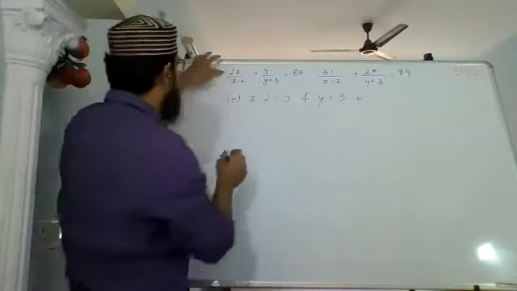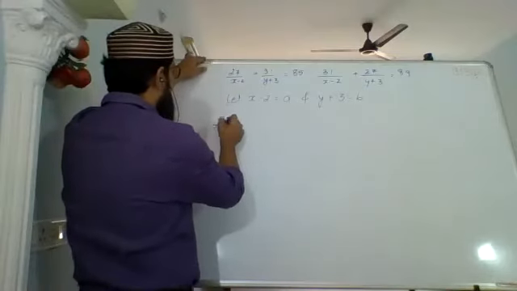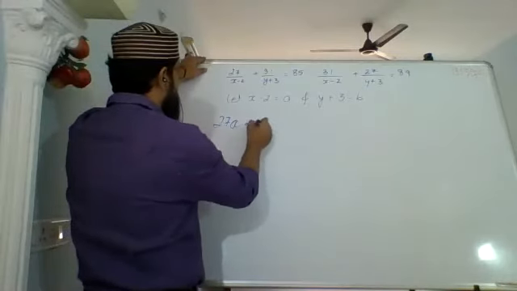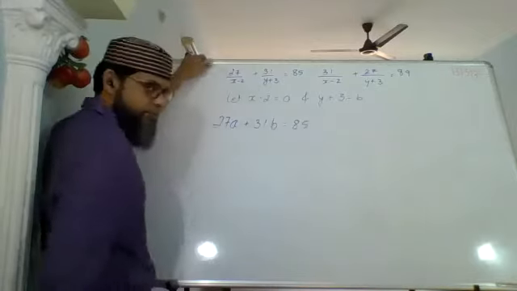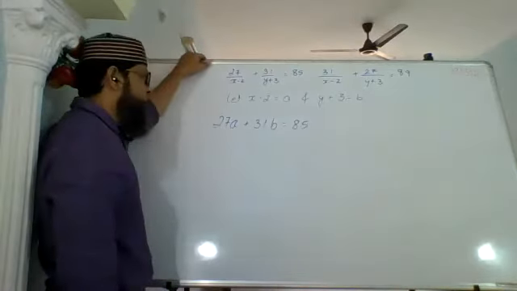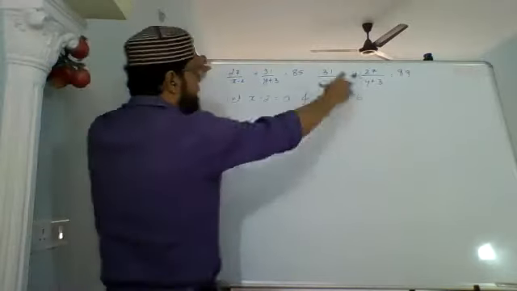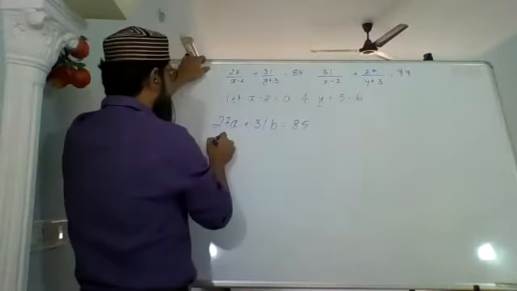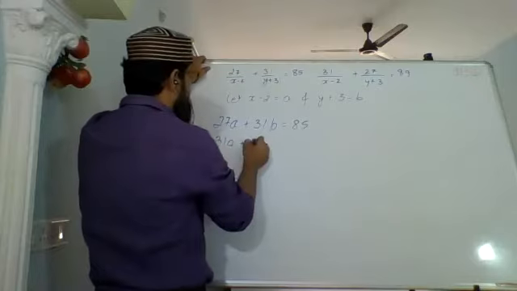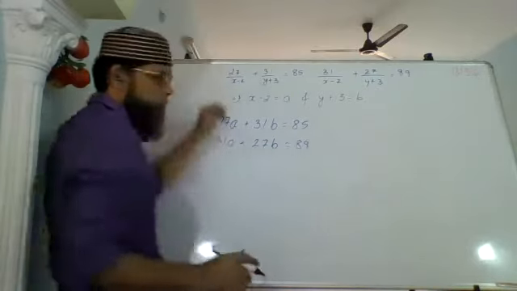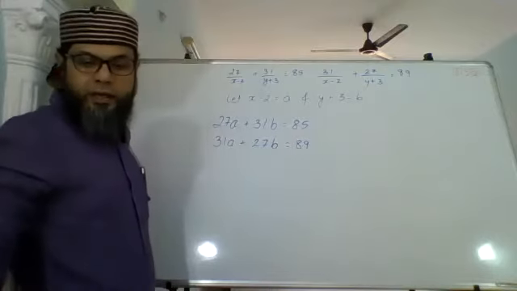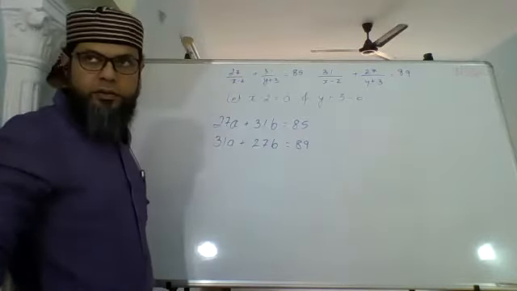So equation 1 is going to become 27a plus 31b equals to 85. Equation 2 is going to become 31a plus 27b equals to 89. Till here clear or any doubts?